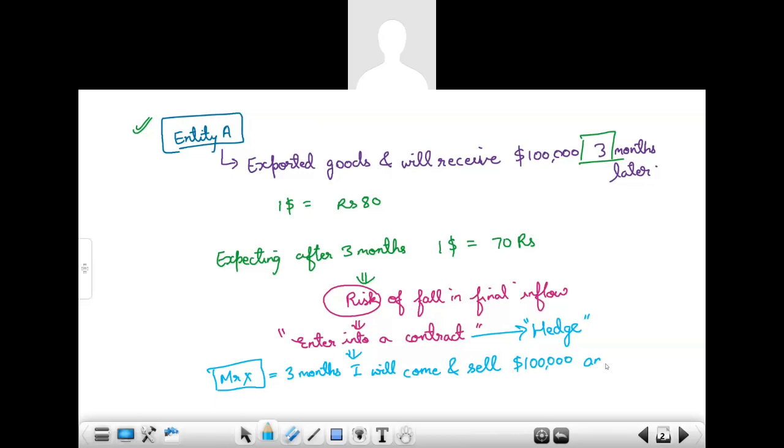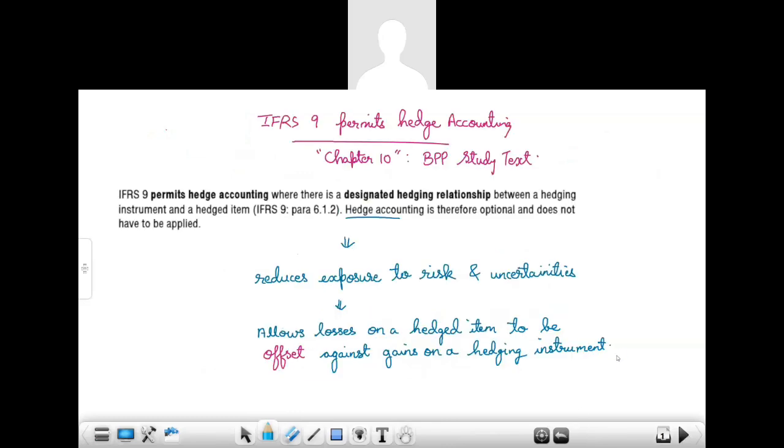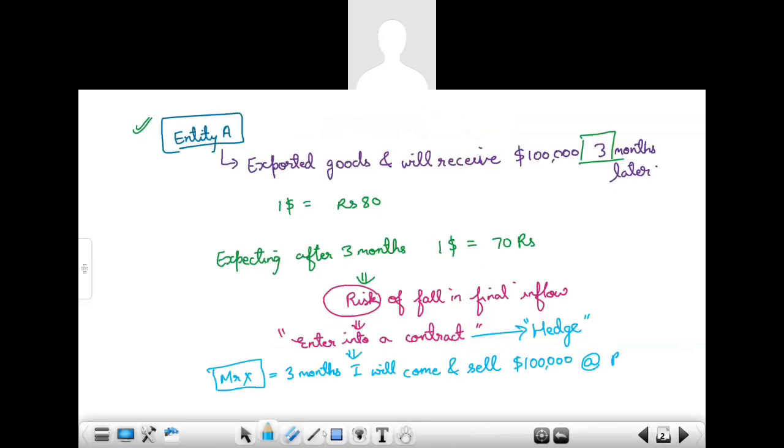And they have already fixed the rate. They can agree on any price, 80, 81, 82, 79, 77, it can be lesser, it can be more. It depends whether the person will charge any premium, fees, etc. So for example, they say that I am willing to sell you at 79 rupees.